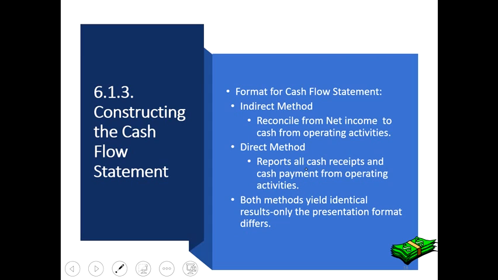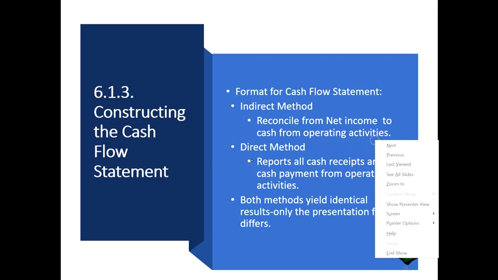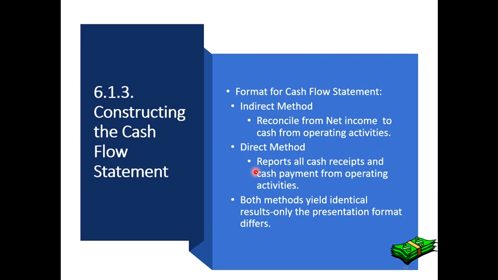So now let's go to the 6.1.2. Constructing the cash flow statement. So format for cash flow statement dia dua, iaitu indirect method dan juga direct method. So indirect method ni dia akan reconcile from net income to cash from operating activities. Manakala direct method ni dia reports all cash receipt and cash payment from operating activities. Tu beza dia. Okay, ni dia ambil daripada net income.